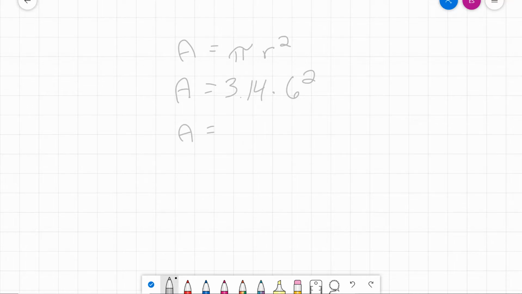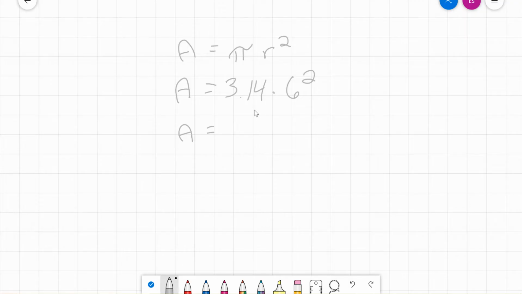Now in order of operations, whenever you do the radius squared, you do that part first and then multiply by the 3.14. On my calculator, I press 6, and then the x to the power of 2 button to get 6 squared.